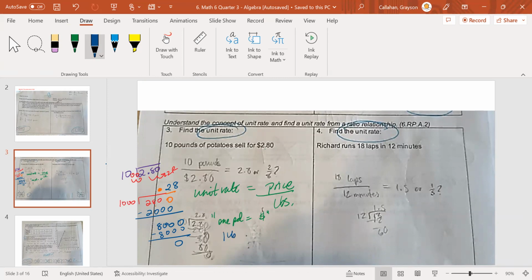So 1 pound of potatoes sells for $0.28, or 28 cents equals 1 pound of potatoes. Do you see that?